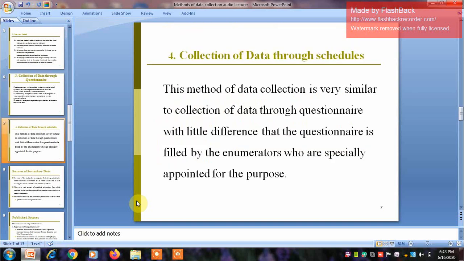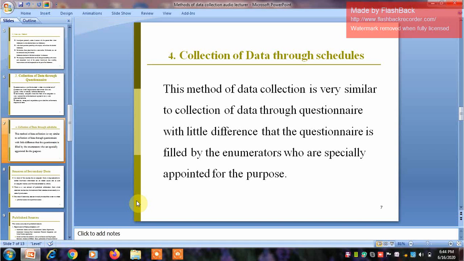So the next method of data collection would be the collection of data through schedules. In schedules, the data collection is very similar to the collection of data through the questionnaire, with a little difference. That is, the questionnaire is filled in by enumerators who are specially appointed for the purpose.